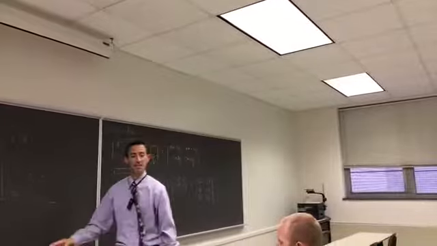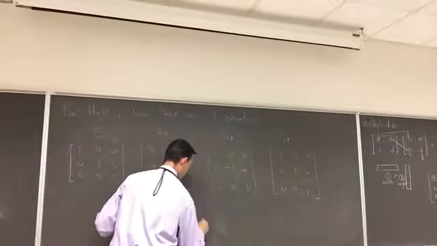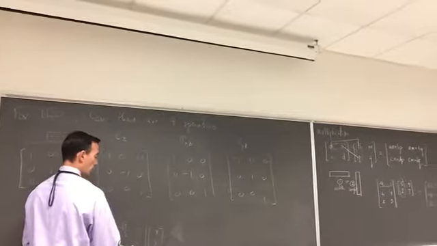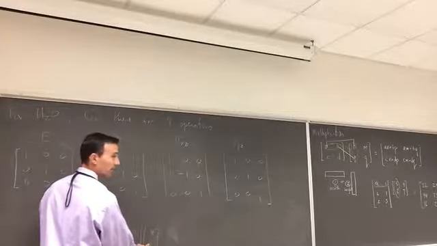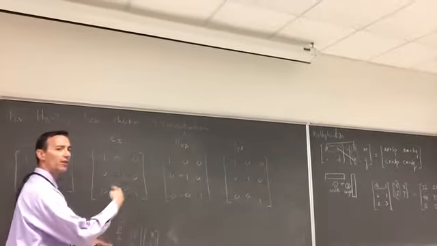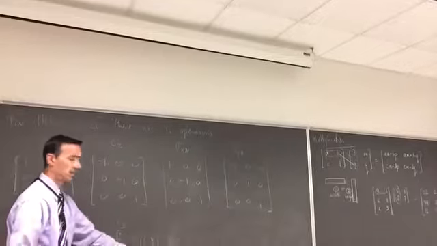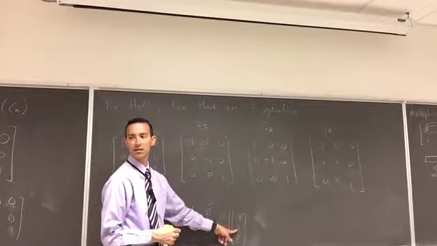If this is now multiplied to an x, y, z coordinate, we're now going to have something times x plus something times y. So the new value of x depends on the original value of y to some extent.